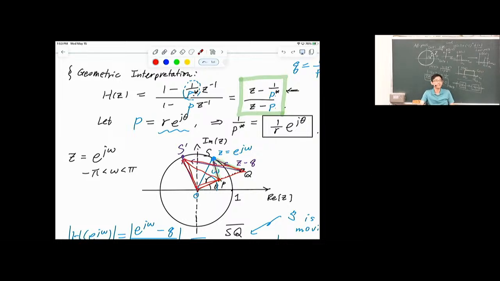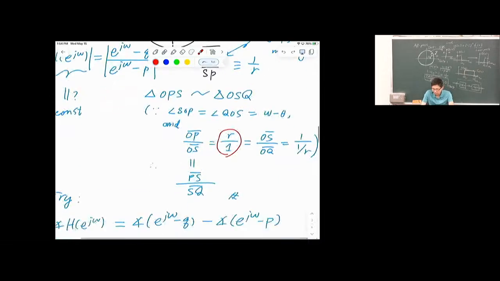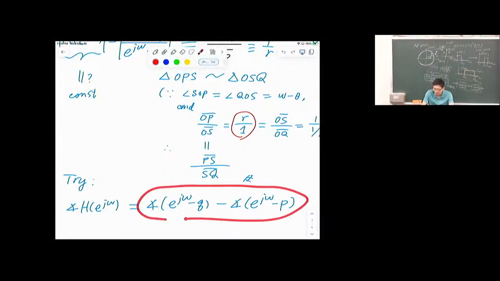That's a nice exercise. Can we convince ourselves that indeed the phase response is monotonic against omega? When omega increases, how will the angle between these two vectors vary, because we know that's the phase response.